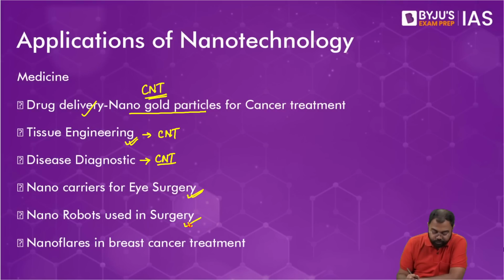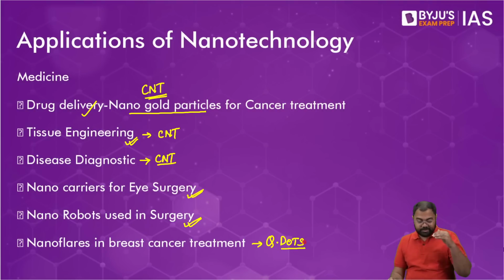In making nano robots for surgeries, nanobots as they are called, they will basically be nano sized particles or machines running inside the body. So they can also be made. And then for making nano flares in breast cancer treatment, this is where quantum dots can be made use of. So in this particular scenario, we see that this is how in the medical field all these different nanoparticles can become useful in one way or the other.